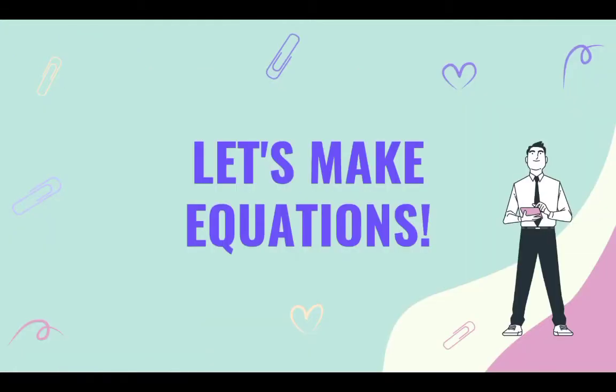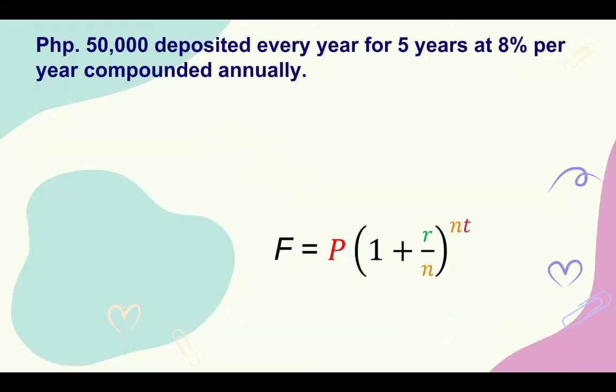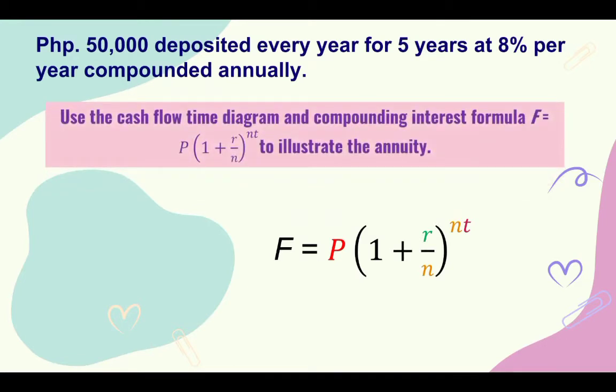Okay, so let's make equations. Use the cash flow time diagram and compounding interest formula F is equal to P multiplied to 1 plus R over N raised to NT to illustrate the annuity.